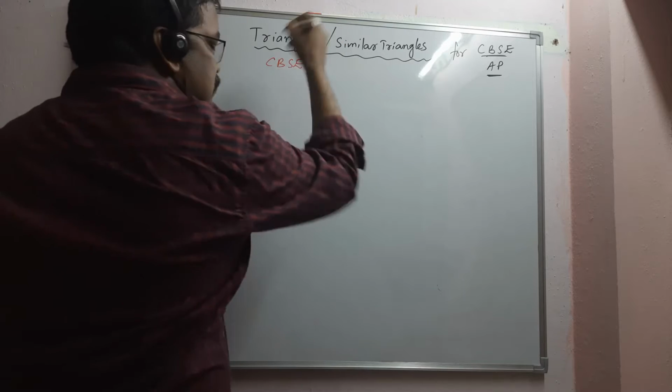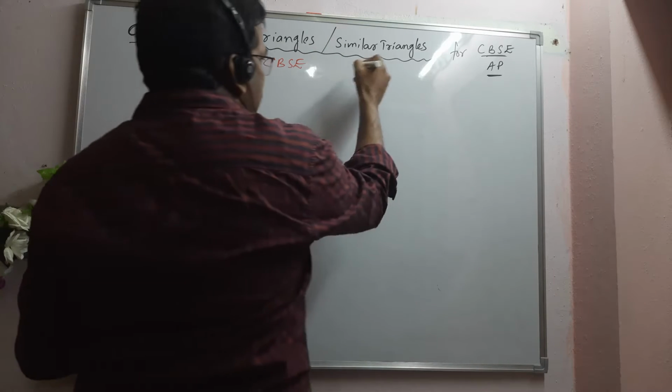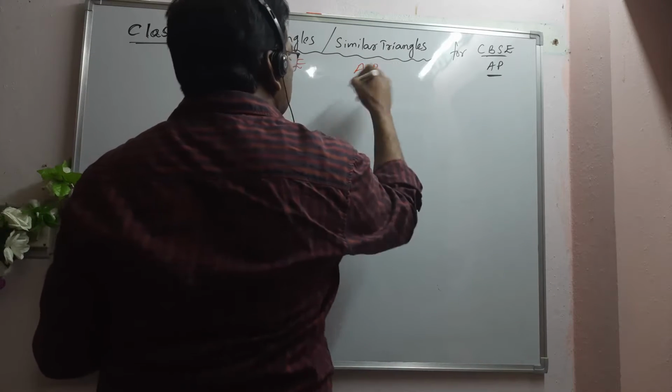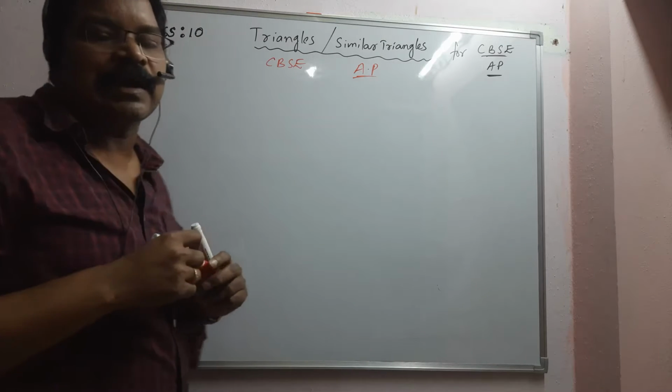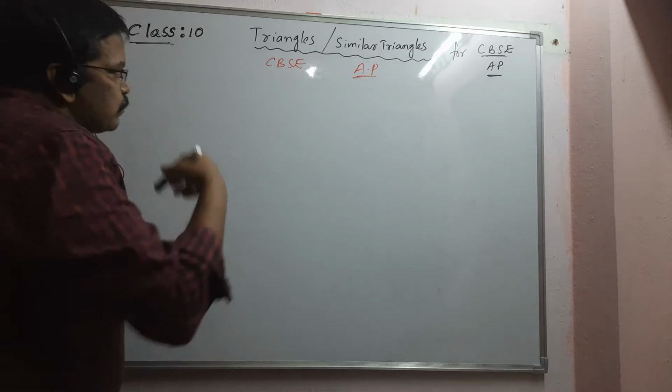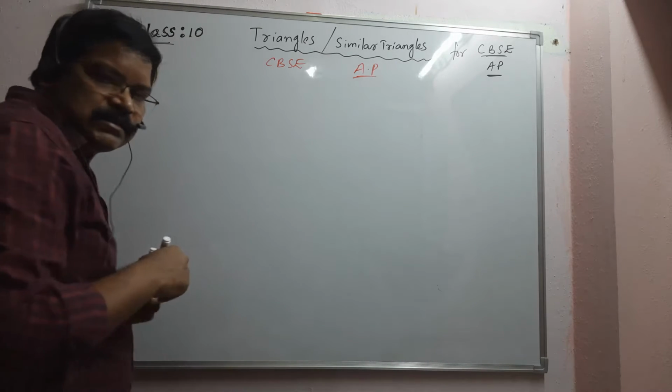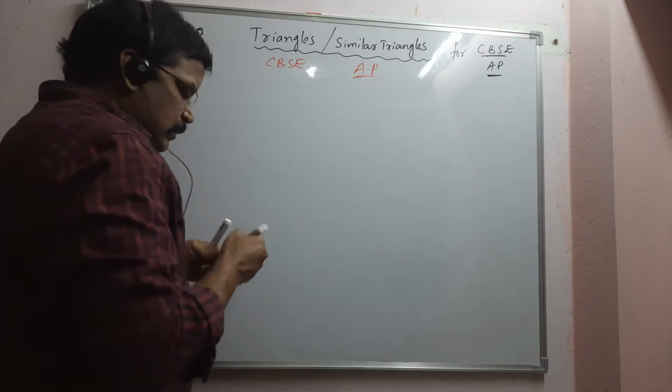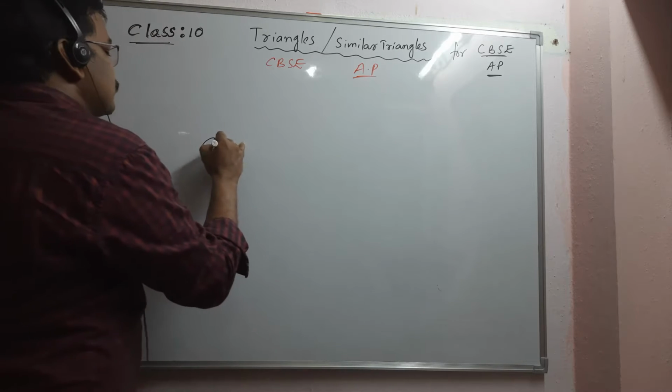The chapter name is triangles for CBSE. For AP State Board, the title of the chapter is similar triangles. Right. Before we get into this topic, let me ask you some questions.